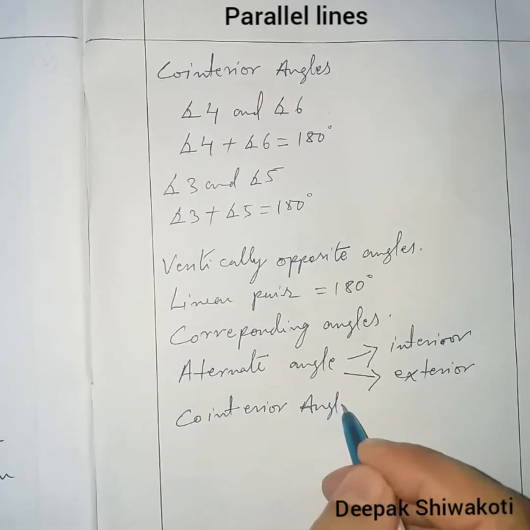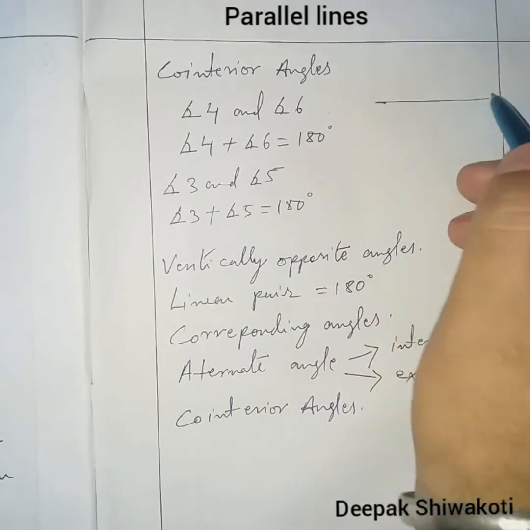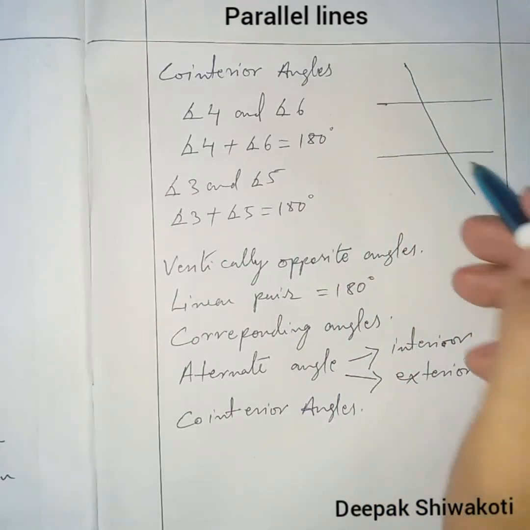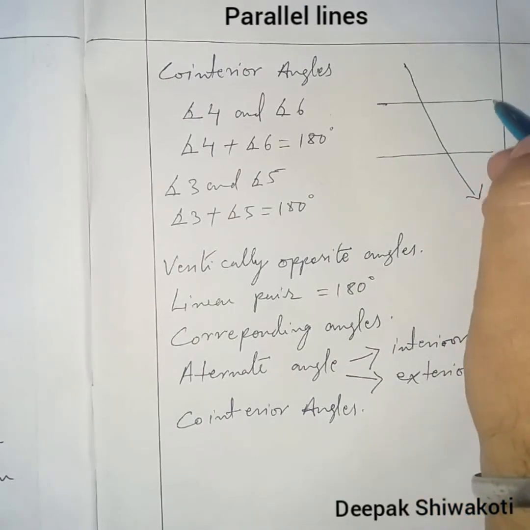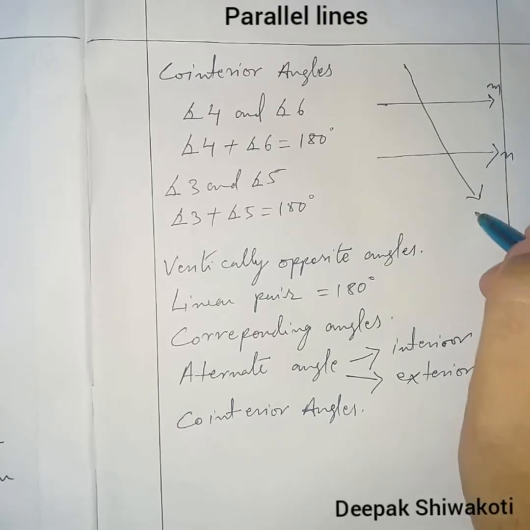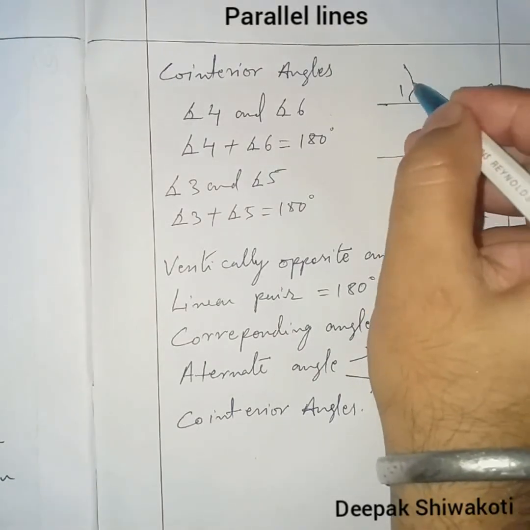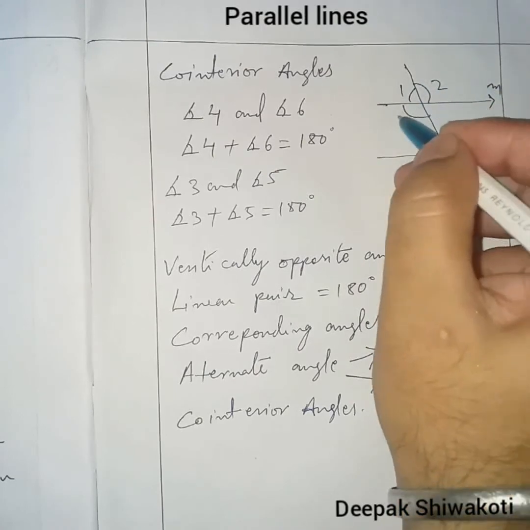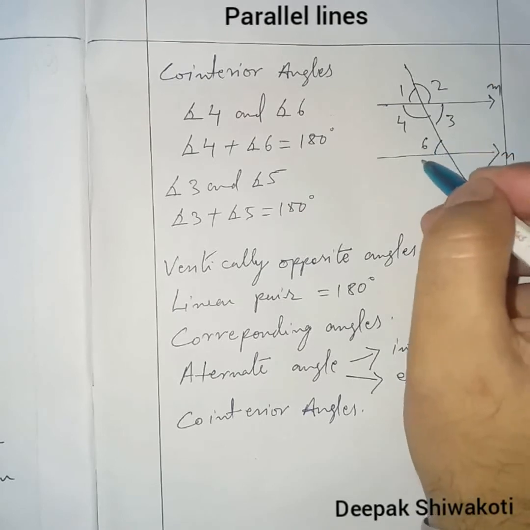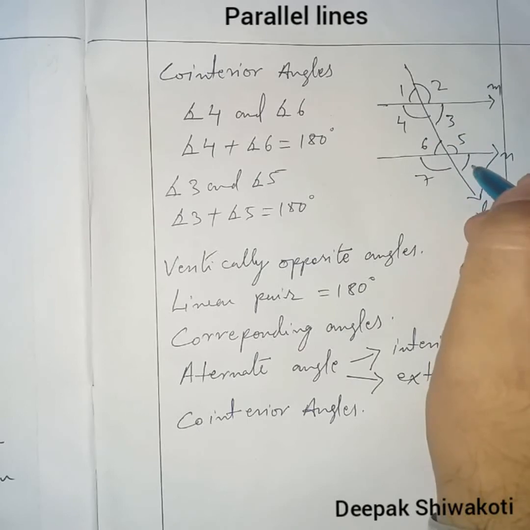Co-interior angles. So the figure I will draw here that we have done, to understand for the reference, this is called the transversal. This was line M, this is line N, and this transversal is L. The angles given here are 1, 2, 4, 3, 6, 7, here it was 5, and here 8.